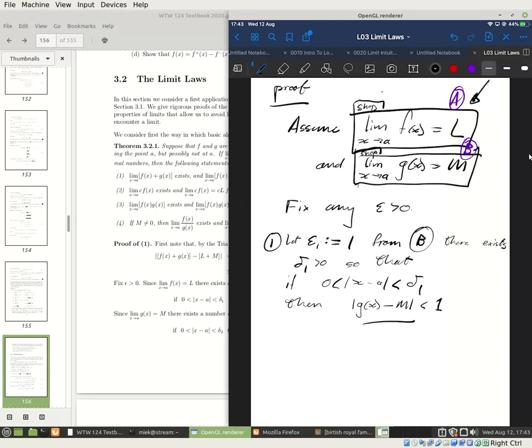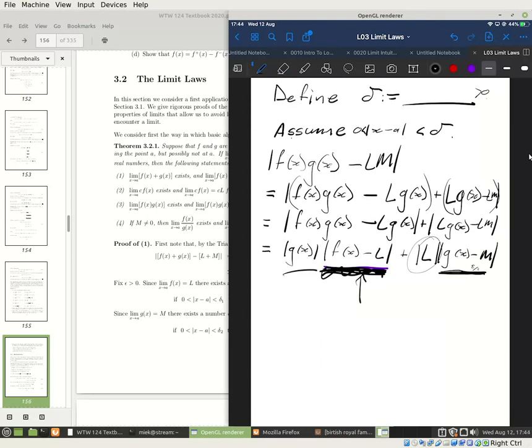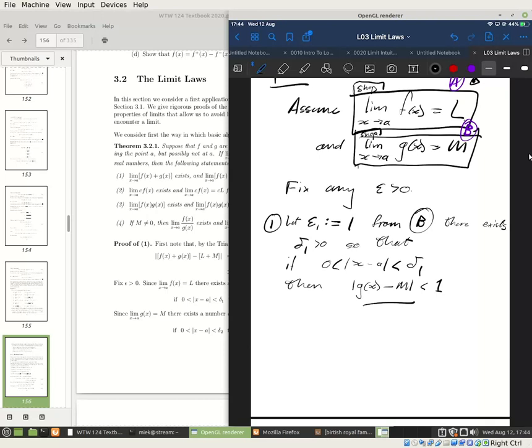But we're not interested in this, we are interested in that. So let's keep this in mind. Under the condition 0 is less than x minus a less than delta 1, g of x, this is what we're interested in.